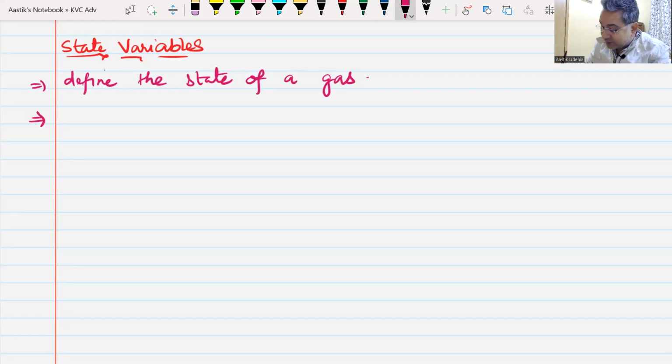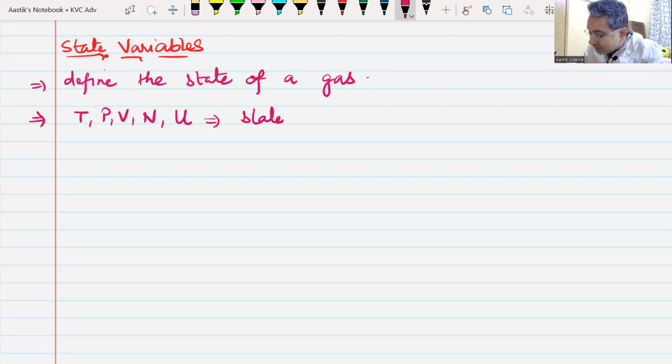What are the state variables of a gas? T, P, V, N, U. U means internal energy. All these are state variables of a gas. They only depend on the state of the gas and they define the state of the gas. They are known as state variables.